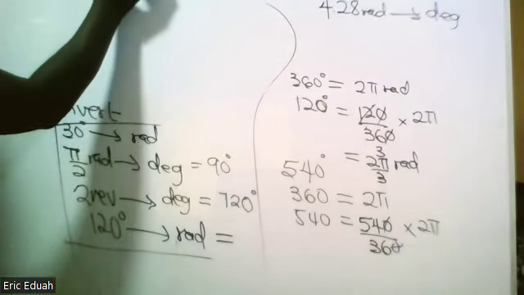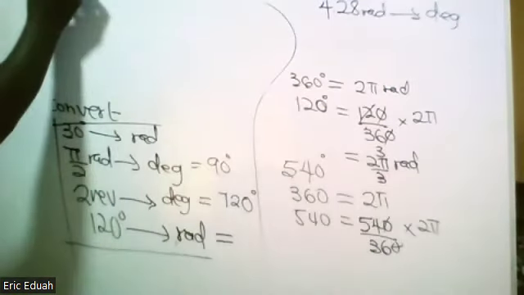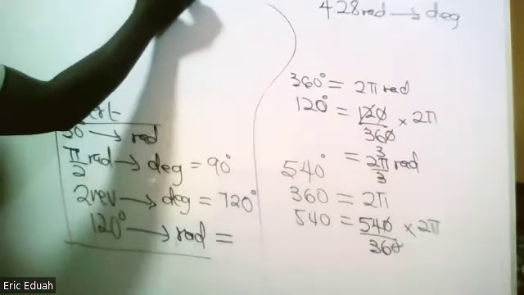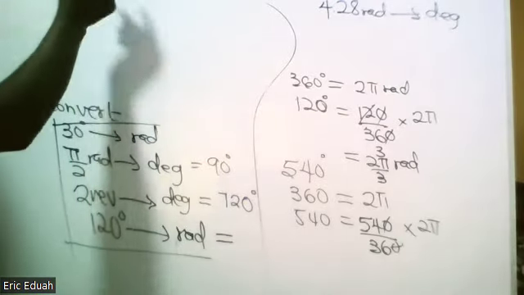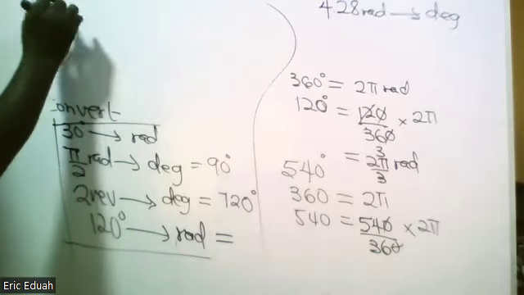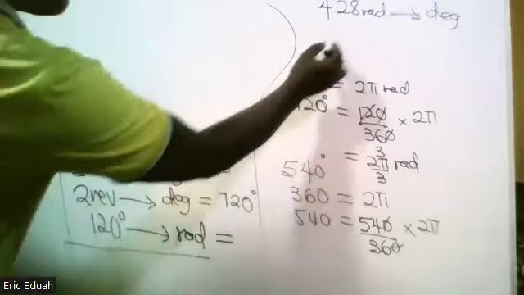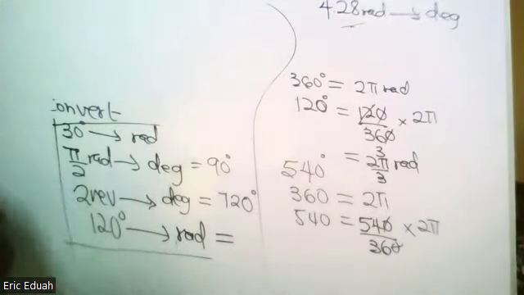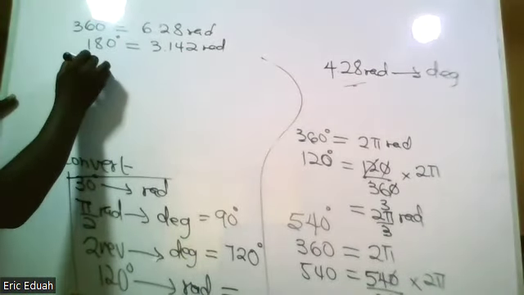Even 180 would give us 3.142 radian. So if 360 or 180 degrees is giving us this, then this time around, having given you this value in radian, express it in degree for us. So use ratio and proportion.